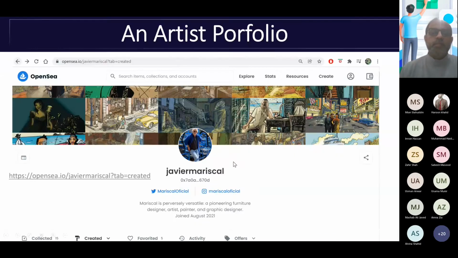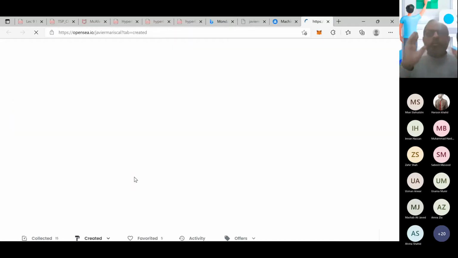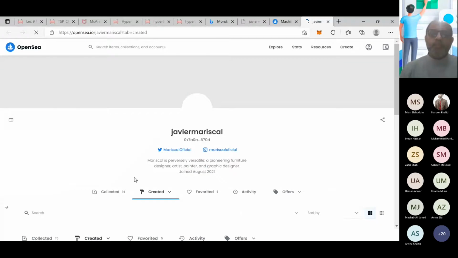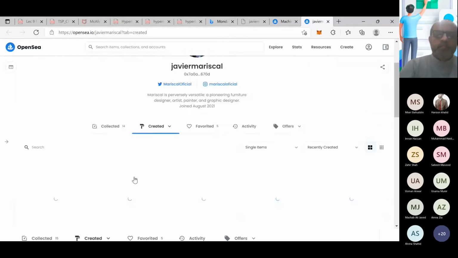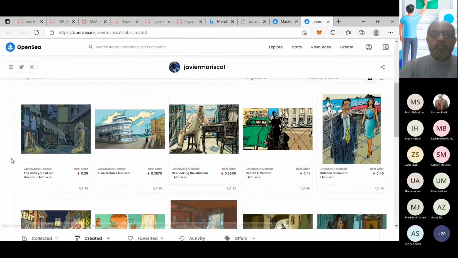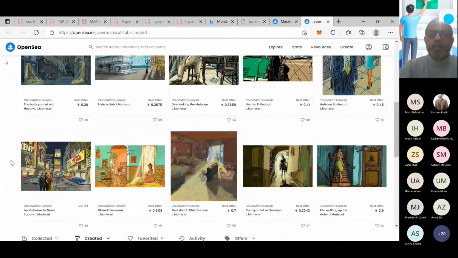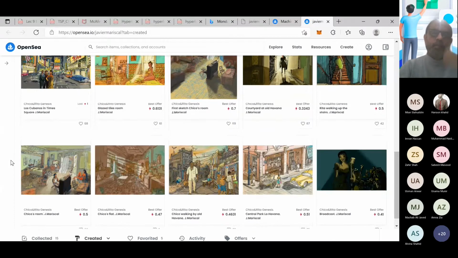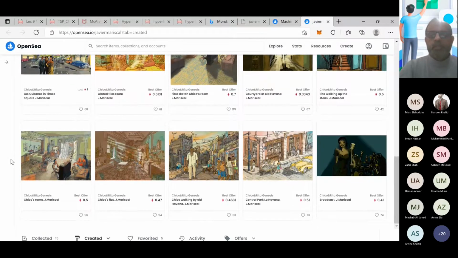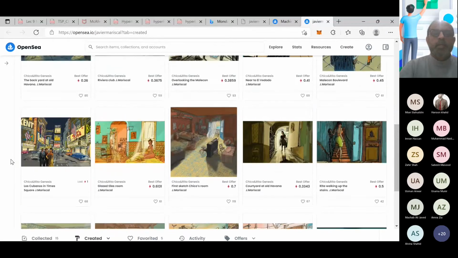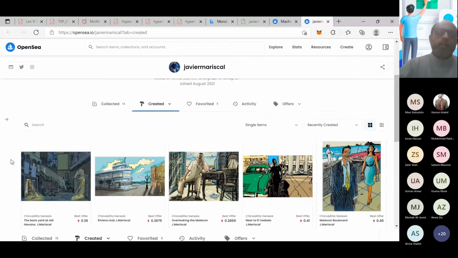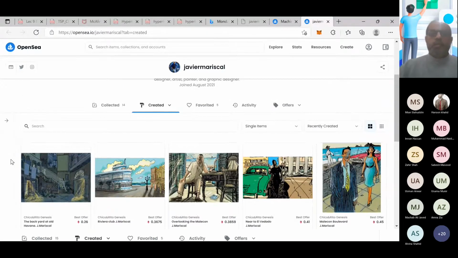So here is yet another artist who has a complete portfolio on the marketplace. I mean, you can just create and put all your artwork there, and everything is on sale. So if you see here, these are some of his artwork, and you can find out how much offers he is getting, and decide to sell or not to sell any.